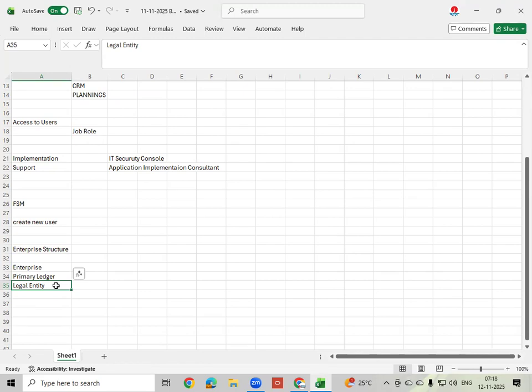And Pantaloons, Westside: they're into textiles also, right? Those are registered as different legal entities. And Tanishq, Titan, many, all are different legal entities only. Even if you take ITC, that's also there.